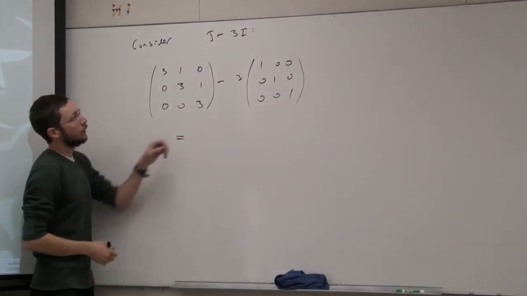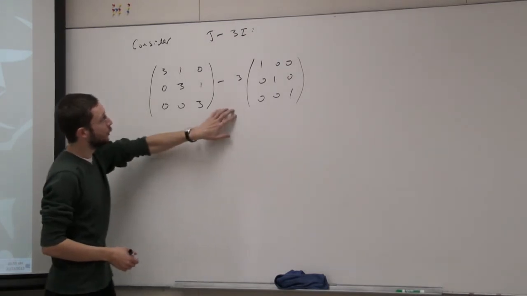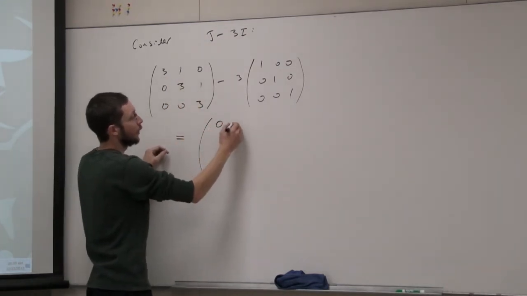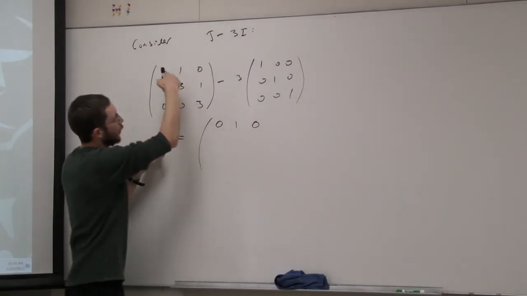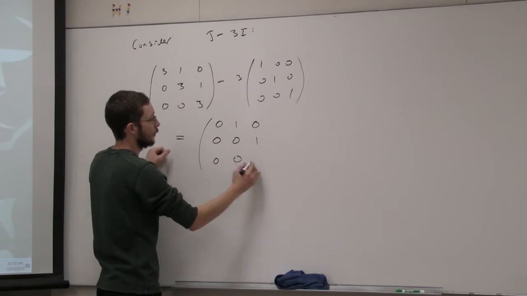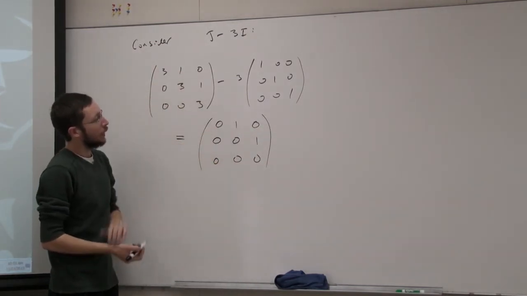We notice that, okay, we've got 3's down the diagonal here, 3's down the diagonal here. So when you subtract those matrices, all you have left is just these 1's that were originally above these eigenvalues 3. So it just leaves you that strip of 1's.